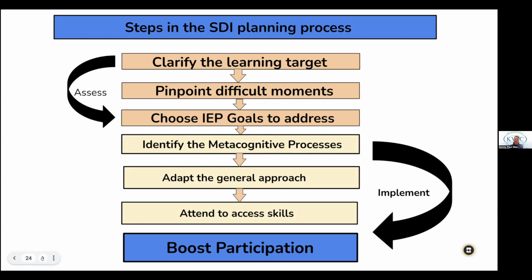And then adapting the general approach: how are we going to take each lesson and adapt it so that it's accessible to all? And then another thing that Benninghoff made me think about that I hadn't really thought about is these little mini lessons that attend to access skills.